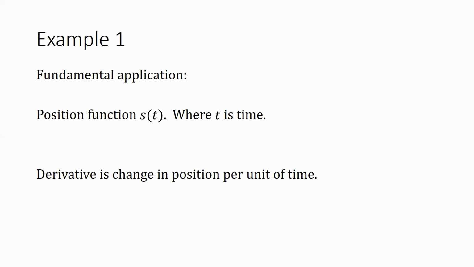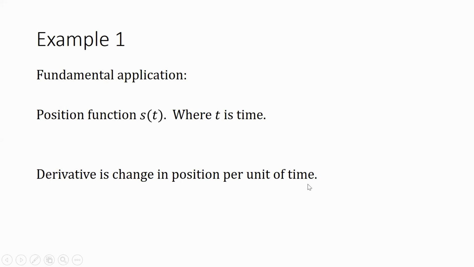Our variable that we're going to use here now is the letter t. T will stand for time. If you think about a rate of change, that means the derivative is the change in position per unit of time.